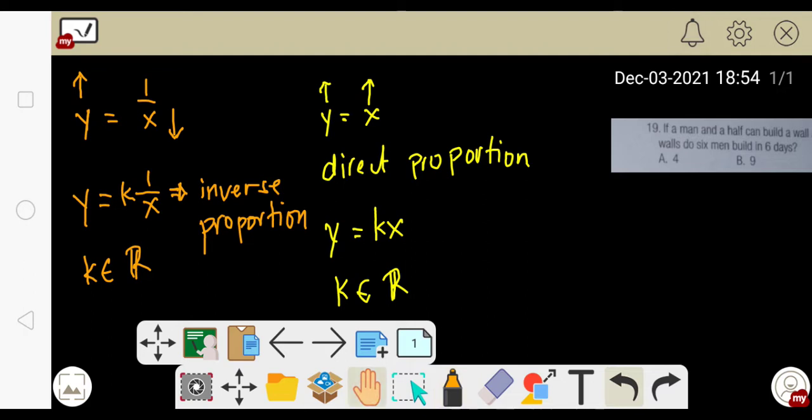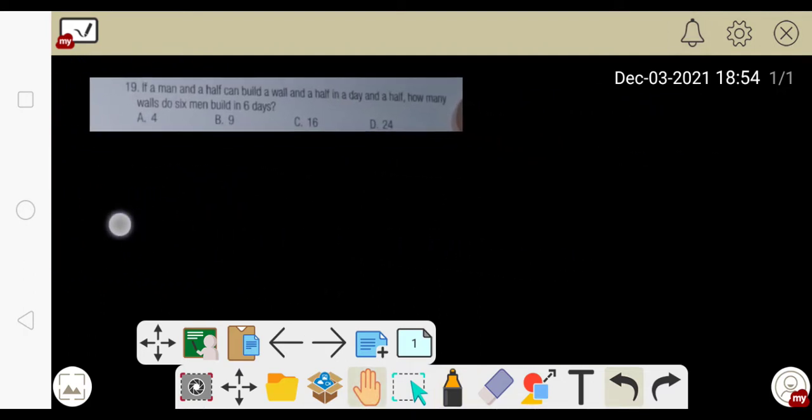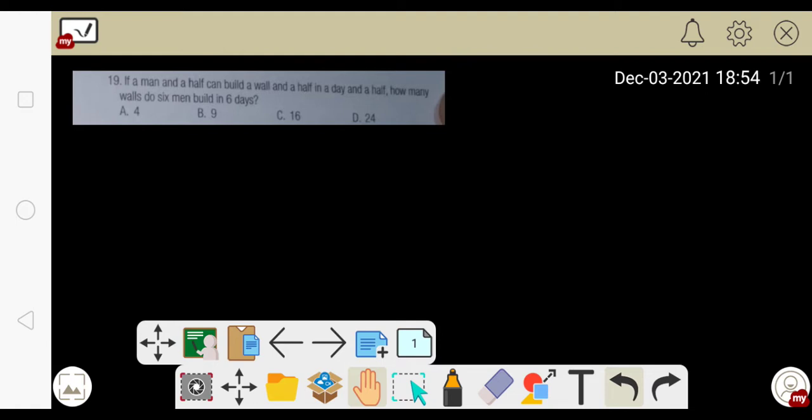So from here, what we got here is a question. If a man and a half can build a wall and a half in a day and a half, how many walls do 6 men build in 6 days? So we are really familiar with two variable ratio and proportion, but now we have three variables.